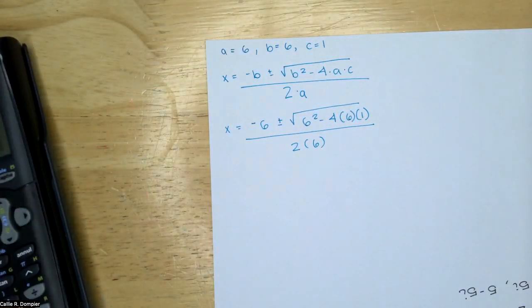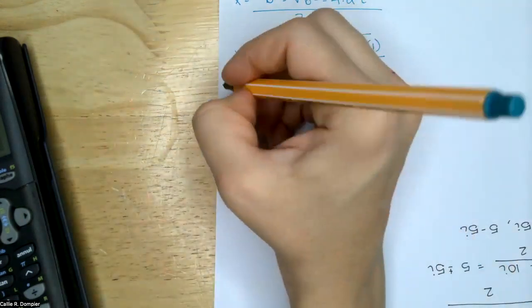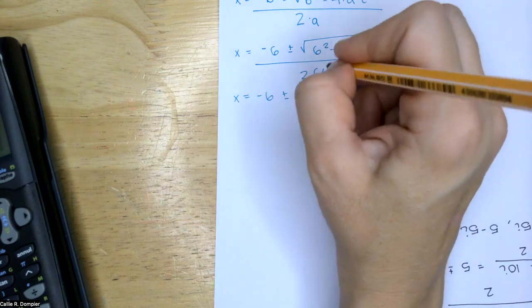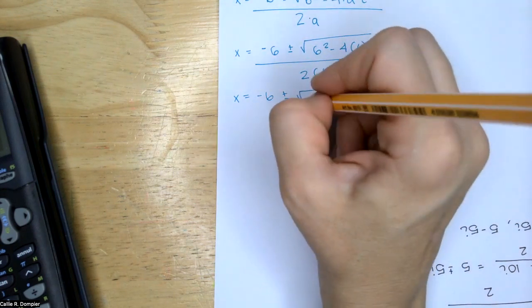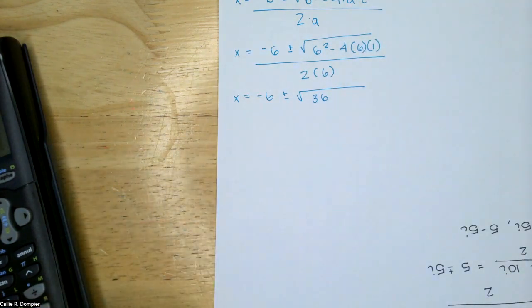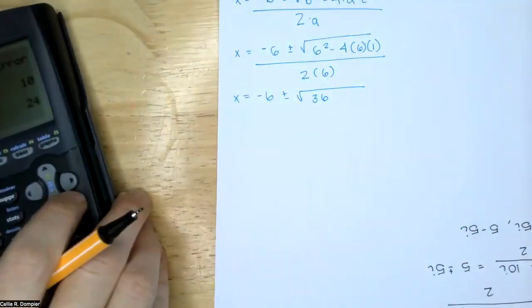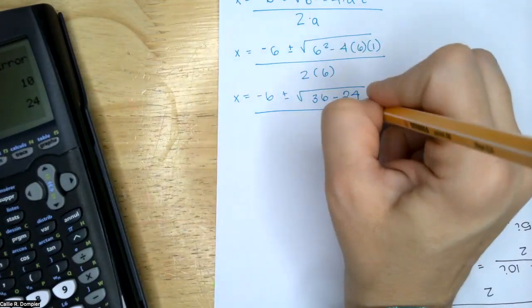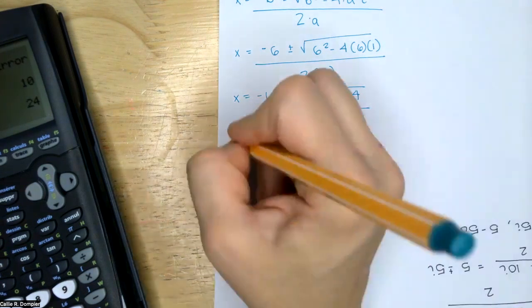First time A hasn't been 1, right? X is negative 6 plus or minus the square root of, sorry, 6 squared is 36. Negative 4 times A, which is 6, is 24. Minus 24 times 1 is just going to be negative 24, over 12.